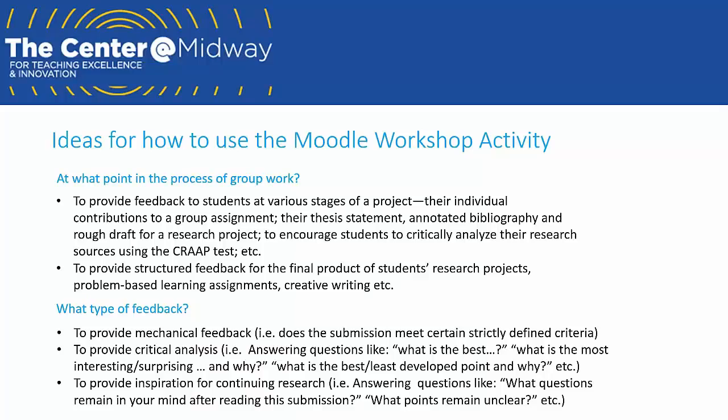Is the material in it relevant to my research paper? Is the author of the source that I'm considering using really an authority? In other words, is this published in a peer-reviewed journal, that sort of thing? Is the source accurate? And what was the purpose of the source?